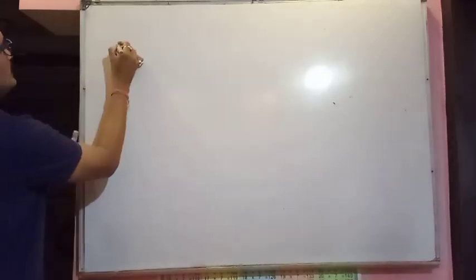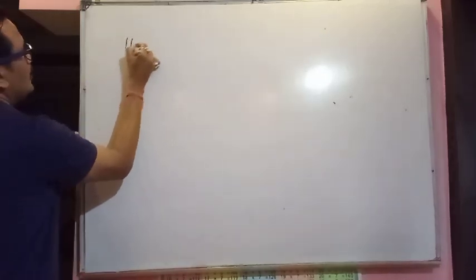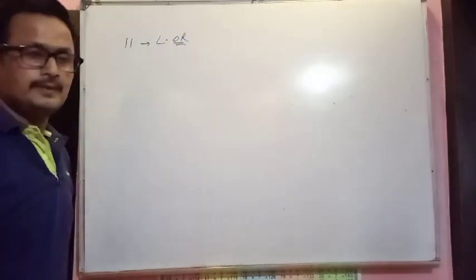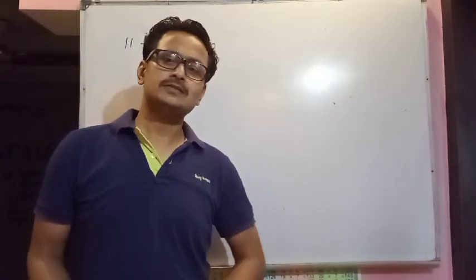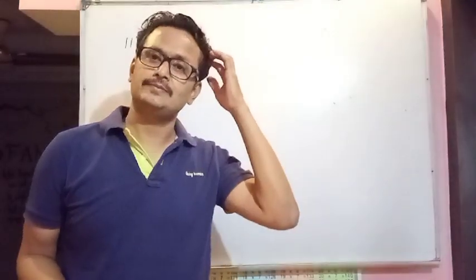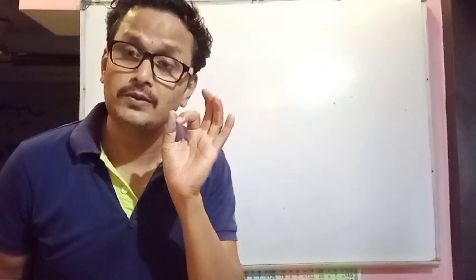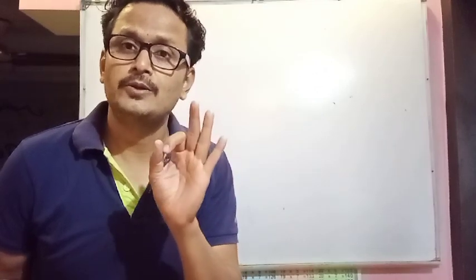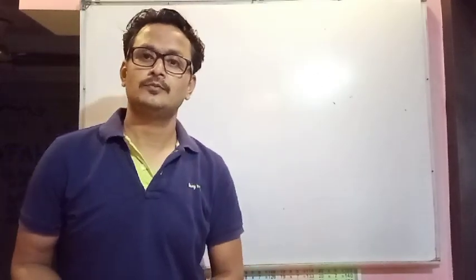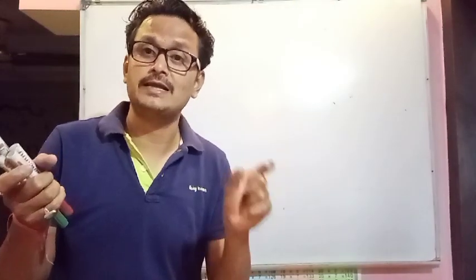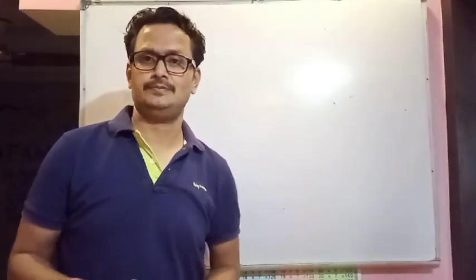Now the second one is logical OR. This is logical OR. This is just the vice versa of logical AND. In logical OR, if any one condition is true, your answer will be true. So in which case will it be false? When both the conditions are false, then only it will return false.